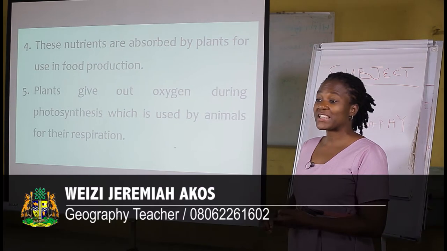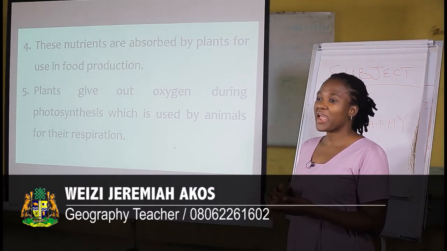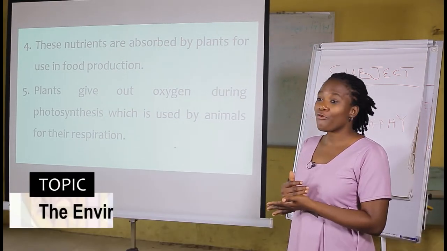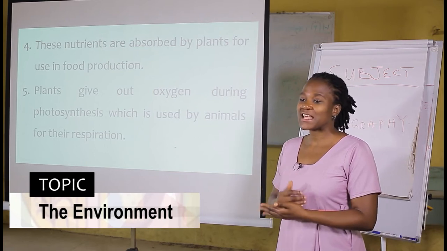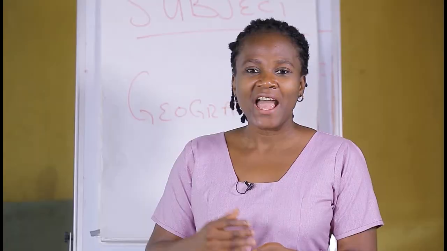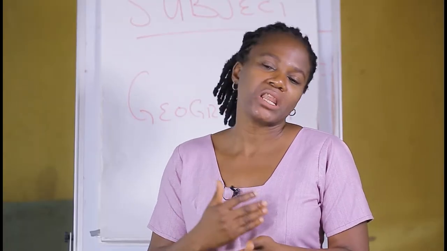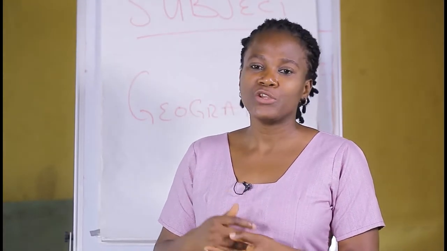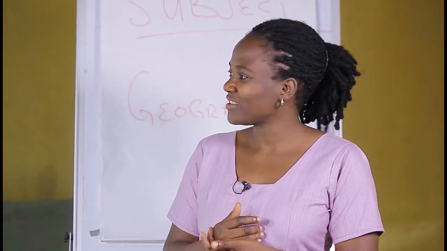So when you look at it, we have a cycle where plants use carbon dioxide to manufacture their food, which includes carbohydrate. And animals take in this food and release carbon dioxide during respiration.